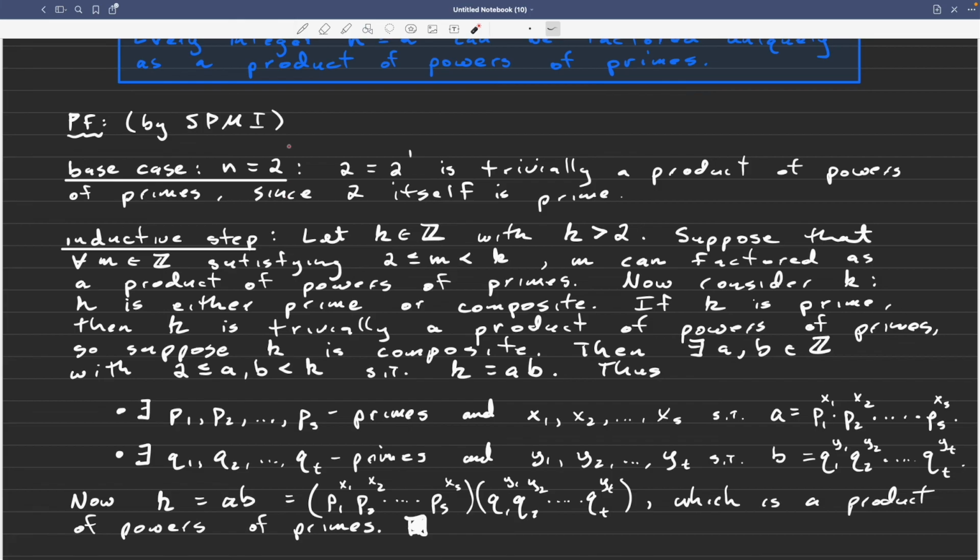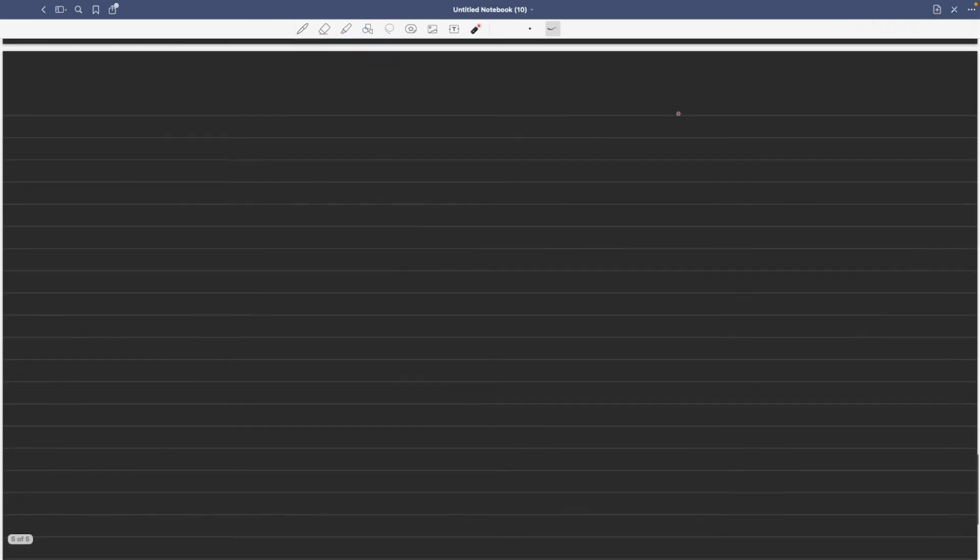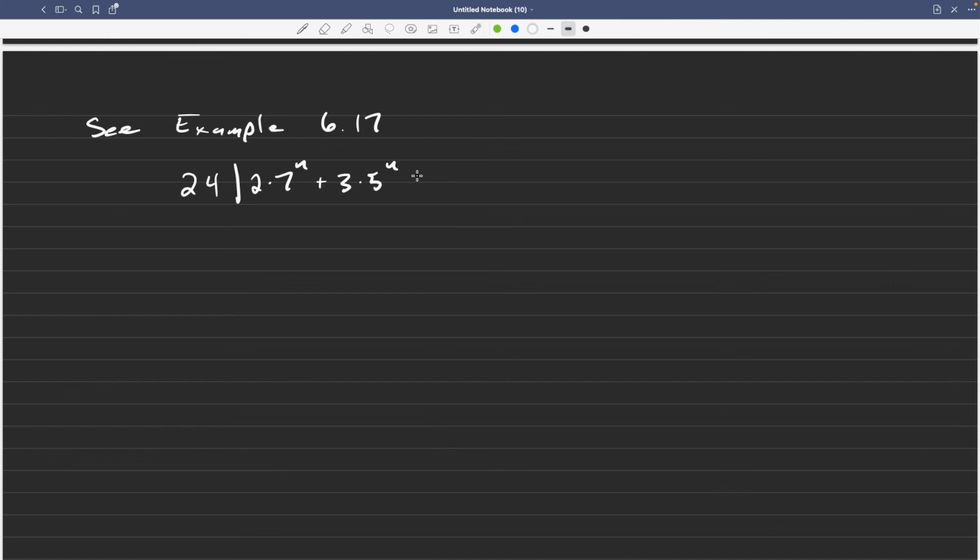I would like to point you to one example in the textbook that you might want just to see another example of a proof by the second principle of mathematical induction. So in our textbook, let me look here at what that example reference is. Yeah, so take a look at example 6.17, which is to prove that 24 divides 2 times 7 to the n plus 3 times 5 to the n minus 5.